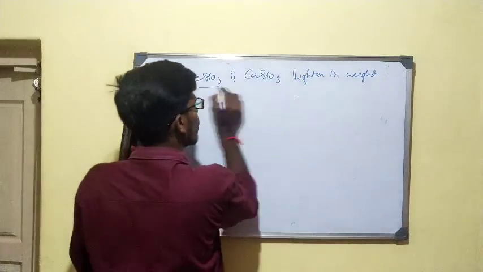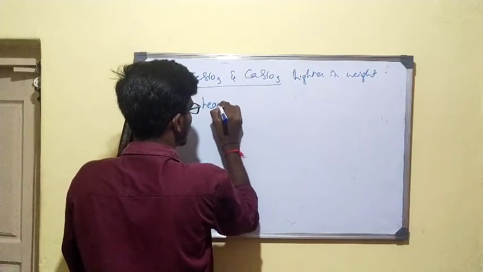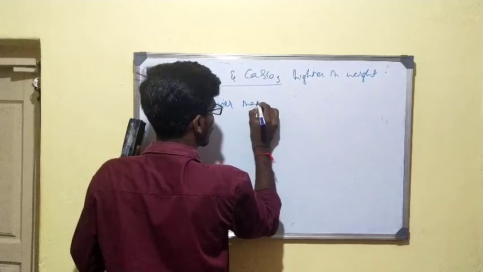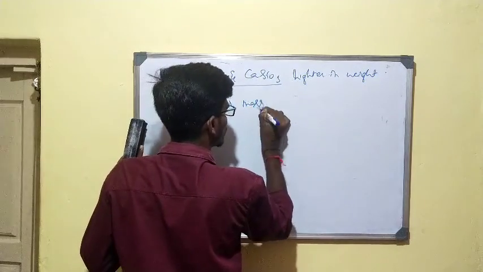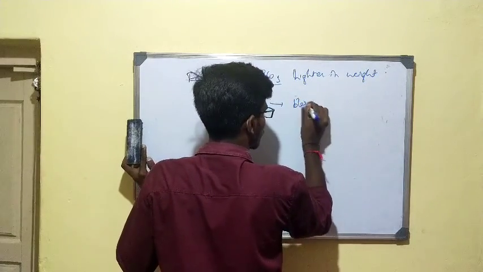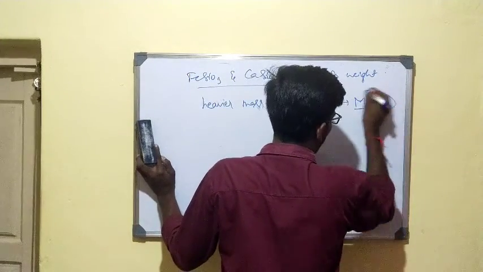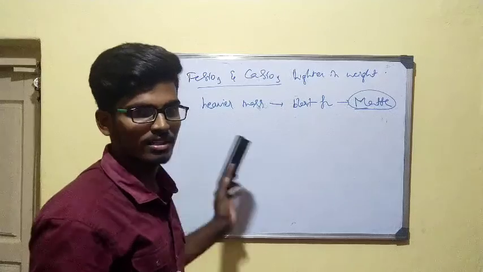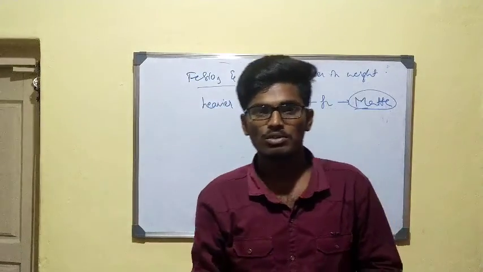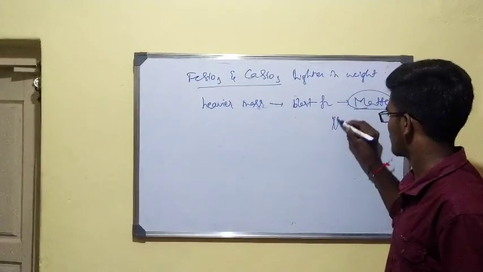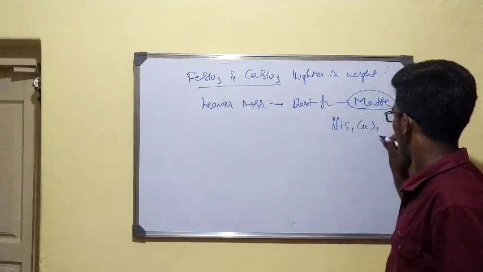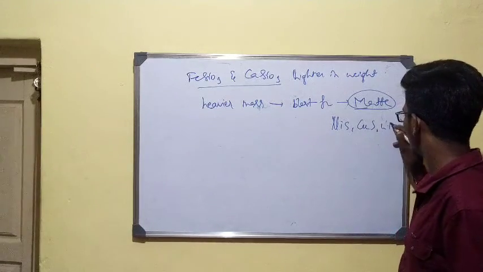Apart from that, we are left with a heavier mass at the bottom of the blast furnace, and that is what is called matte. That matte consists of nickel sulfate, copper sulfate, and a little amount of iron sulfate.